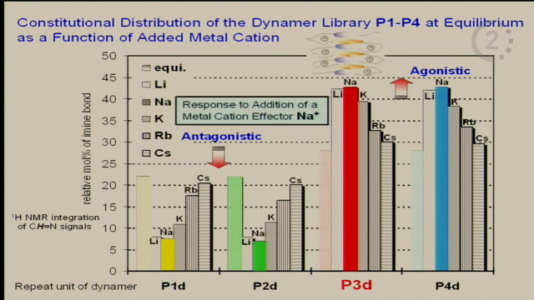These two are antagonists to P3. P4 is the agonist to P3. So the fact that you force P3 to form because of sodium forces also the agonist to form. Now, this is only indicating that you have added sodium. That doesn't mean that sodium binds to P4, of course.